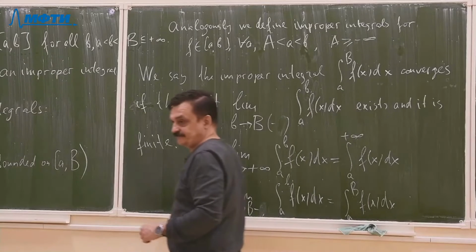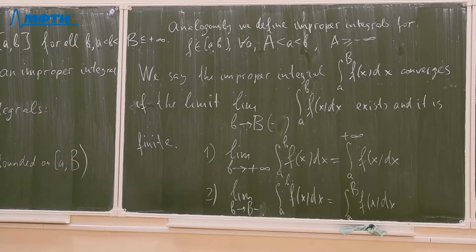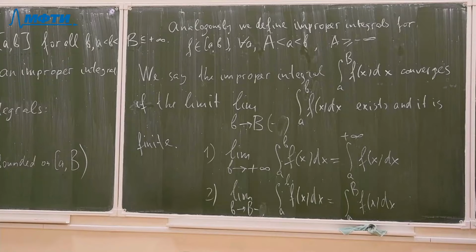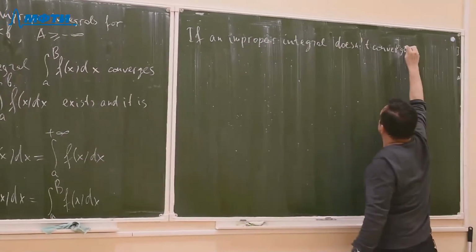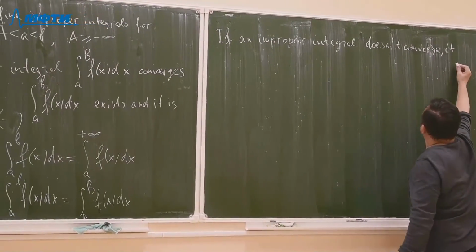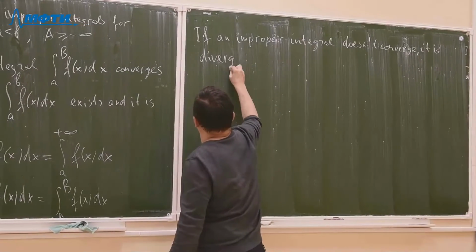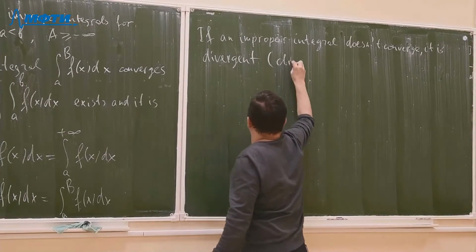So if an improper integral doesn't converge, it is divergent or diverges.